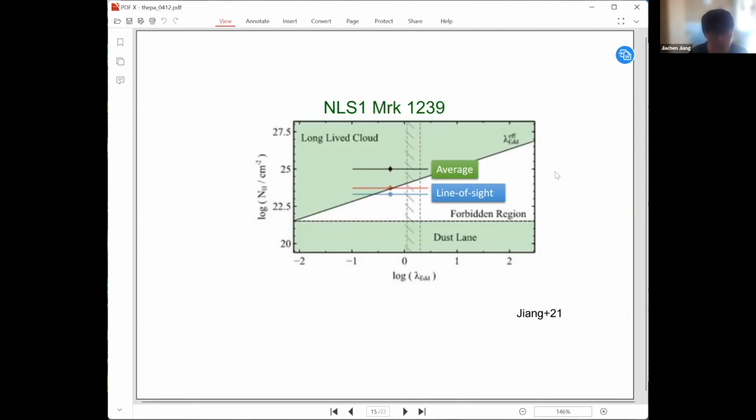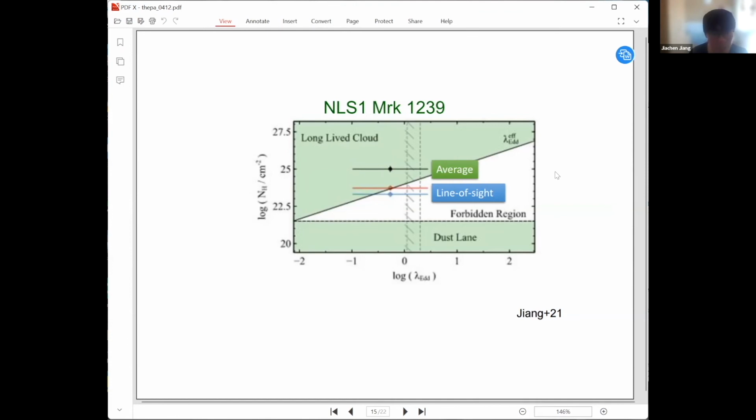You can see that the average column density of the torus is pretty high. So the overall torus is heavy, it is safe, but the line-of-sight column density, on the upper edge of the torus, is in danger. It is right on the effective Eddington limit. Winds may be forming on the edge of the torus. For your information, the gray dashed lines here are the Eddington ratio from previous literature. I don't want to spend too much time on them.